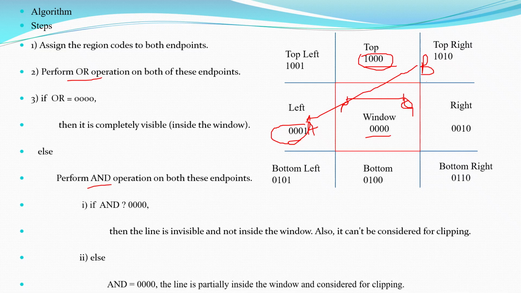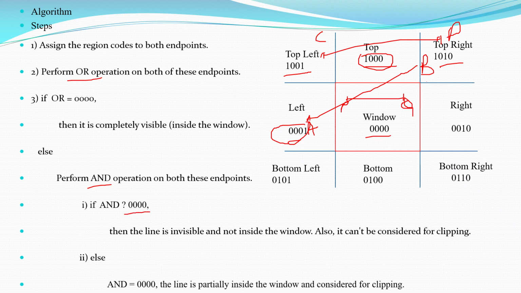After performing the AND operation on this A and B region code, we get 0000. If not, we have a line like this. This is called the CD line. If we perform an AND operation on the C region code and D region code and we get a 1, this line will be discarded. Why? Because it does not get all 0 values in the 4-bit number.